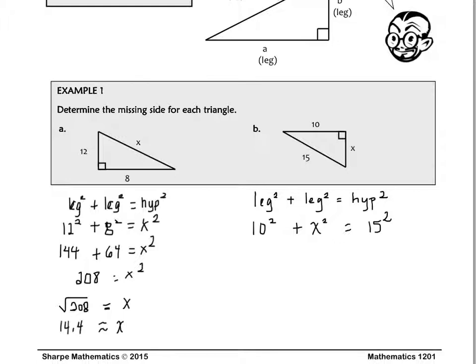So in this case, x is not the hypotenuse, x is a leg, so you'd isolate the x term, x squared. 10 squared would be 100, and 15 squared would be 225. Take off the 100 from the other side, so x squared equals 125. So then x would be exactly the square root of 125, which is approximately 11.2.